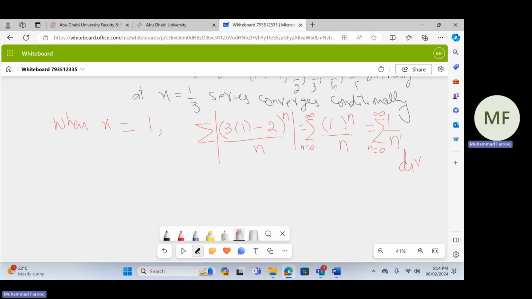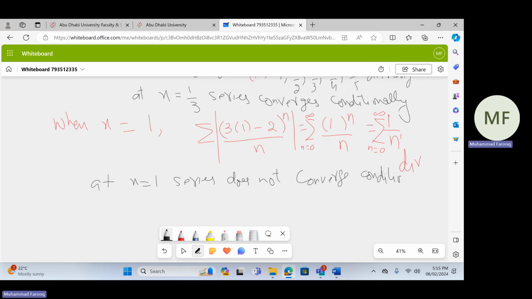Is it satisfying the conditional convergence? No, so keep it open. At x equal to 1, the series does not converge conditionally.